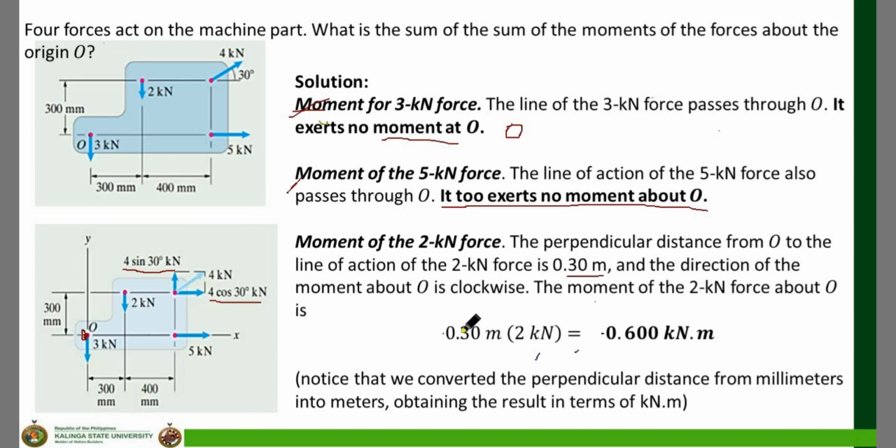So, 0.3 times 2 kilonewtons, the moment of the 2 kilonewtons is equal to 0.6. Again, take note of the unit, kilonewton meter.